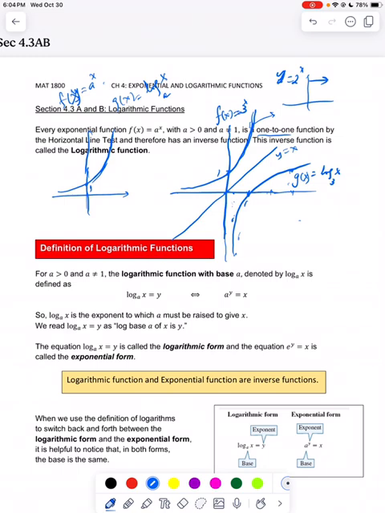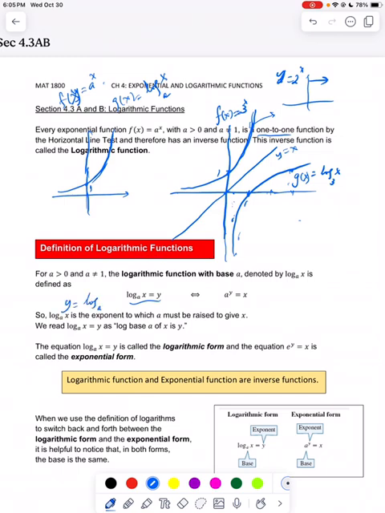So we say for a greater than 0 and a not equal to 1, the logarithmic function with base a, denoted by log of x to the base a or log base a of x, is defined as y is equal to log. You can have the y on the left side or the right side, it doesn't matter.